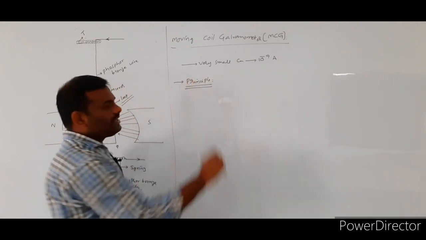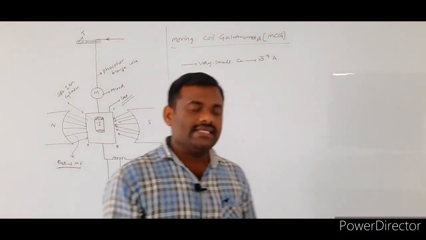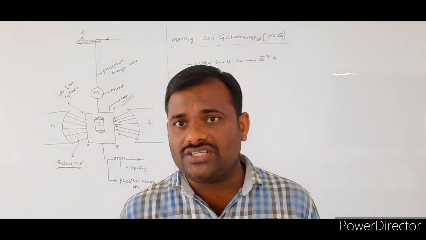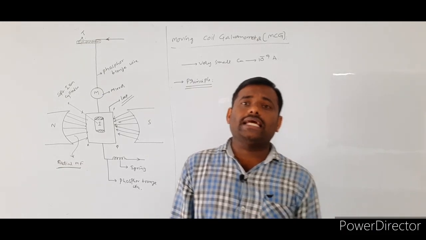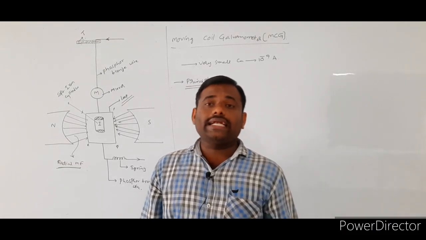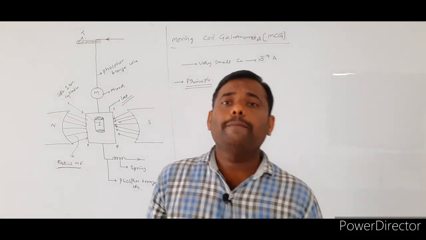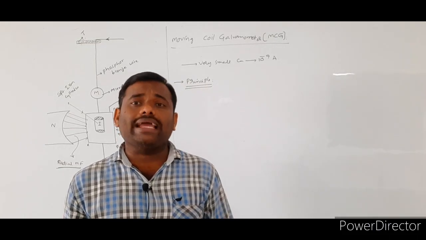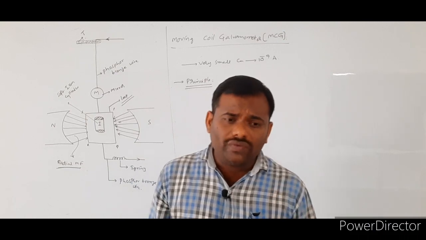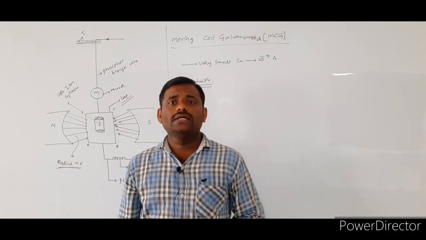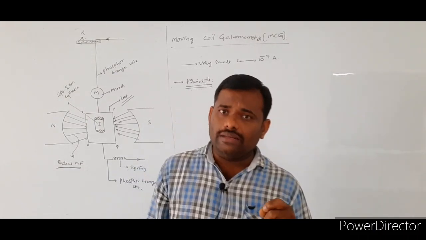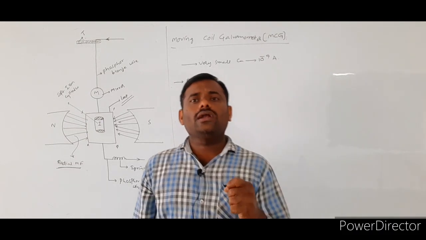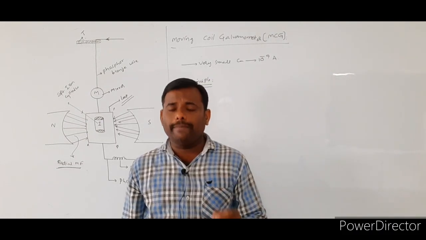The moving coil galvanometer works on the principle that whenever a rectangular current carrying coil is placed in an external magnetic field, some external torque will act on that coil due to the magnetic field.